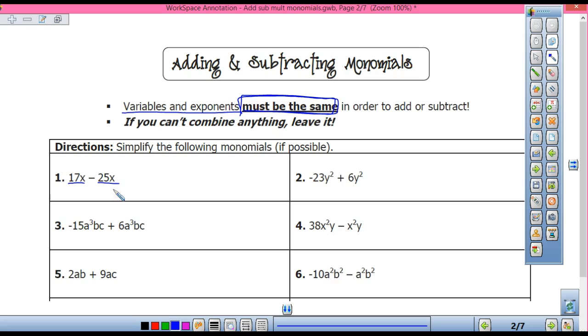Yep. So all I do is combine my coefficients. And when I say coefficients, who can remind me what that is? The number before the variable, yep. So in this case, I'm going to do just what it says. I'm going to take 17 minus 25. Right. Negative 8. So I'm just going negative 8x is what my answer is going to be.